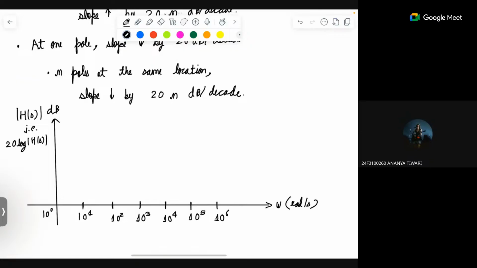Now say I have poles and zeros at these locations. A zero over here, one pole, another pole, another zero. Suppose this was my initial slope, which was 0.